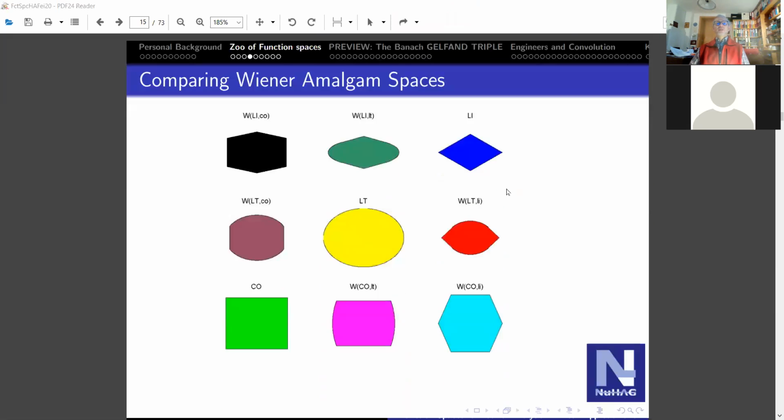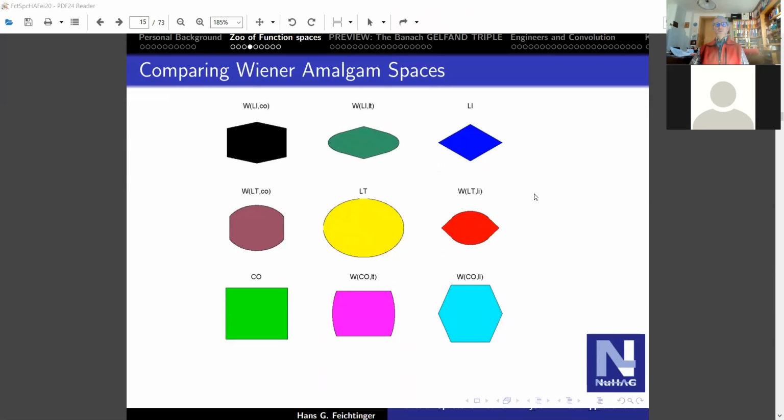Or you can take the construction of amalgams that we have used. We have used this space, local C0 global L1, the smallest guy in the family, local continuous function, global L1. And we have put our S0 inside by taking only things which are local in the Fourier algebra, global L1.